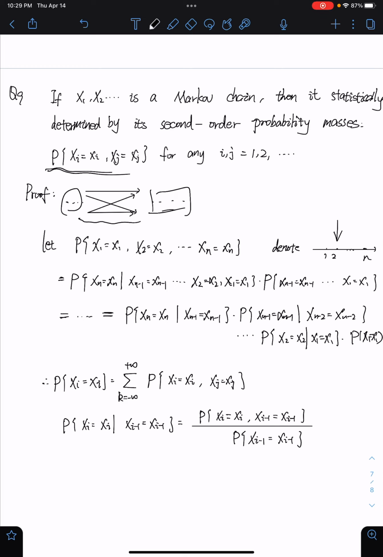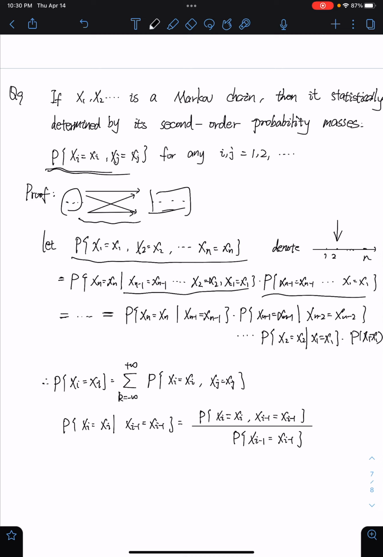Now let's use a trick on this probability: we use conditional probability to decompose it. First, we write the conditional probability of X_n equals x_n under these conditions, times the probability of X_{n-1} equals x_{n-1}, and so on.